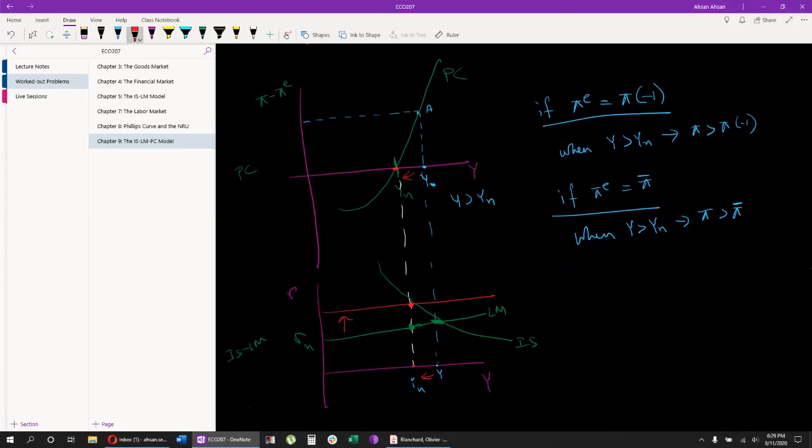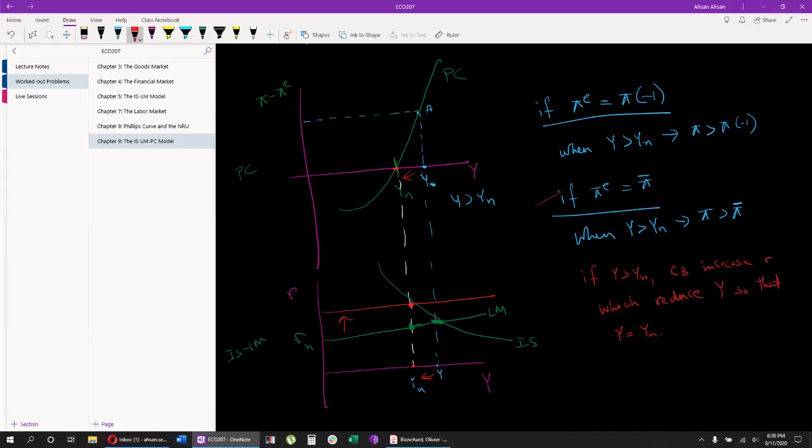Right? So up to here, it's pretty straightforward. If output is greater than the natural rate, the central bank increases R, reduces Y, so that Y is equal to Yn. So now we've gone back to the equilibrium.